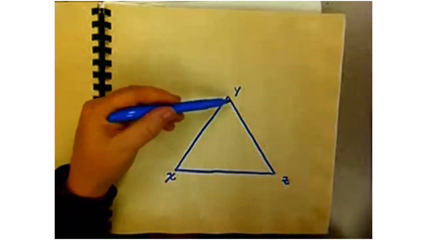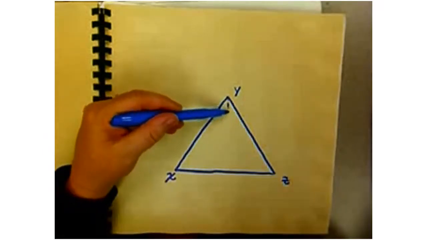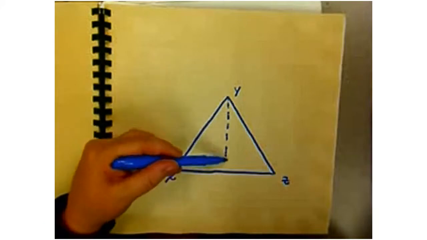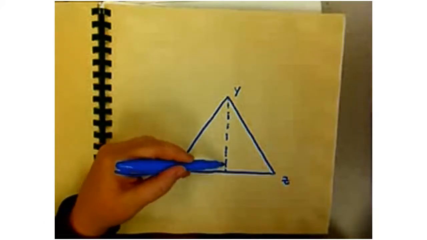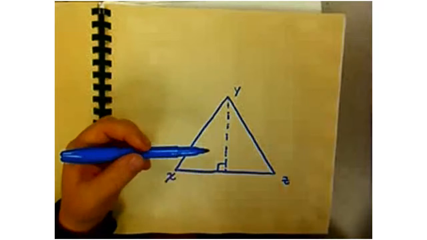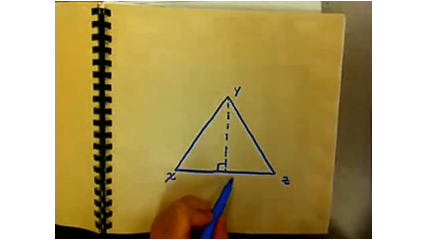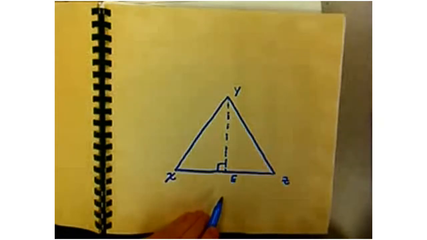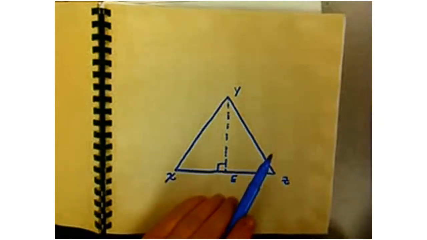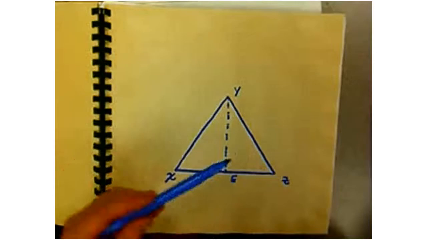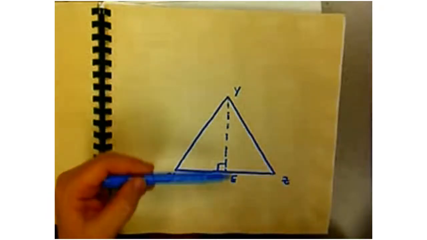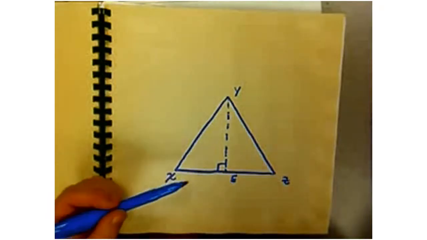And we have an altitude extending from vertex X through the triangle, perpendicular to the side opposite, XZ. And it's meeting at point E. And that's indicating that that's the midpoint of XZ. And so that line that's perpendicular is the bisector and the altitude at the same time.